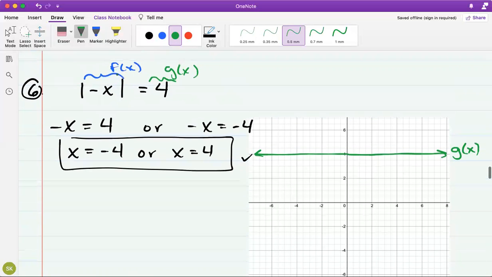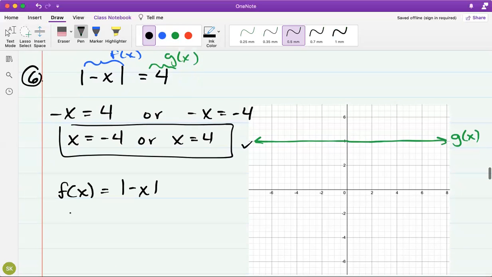And how would I graph this one? So this is saying f of x is the absolute value of -x. So if we let f1 be the parent function, which is the absolute value of x, that looks like this.